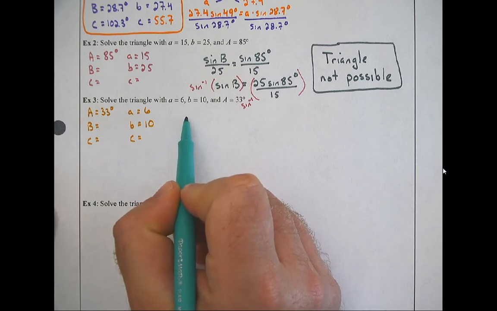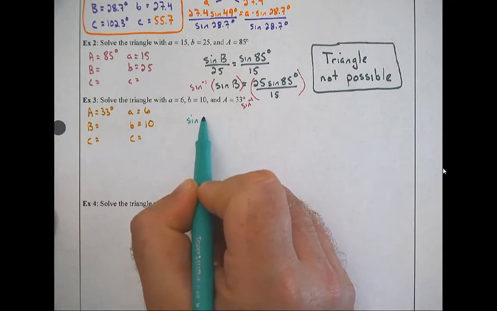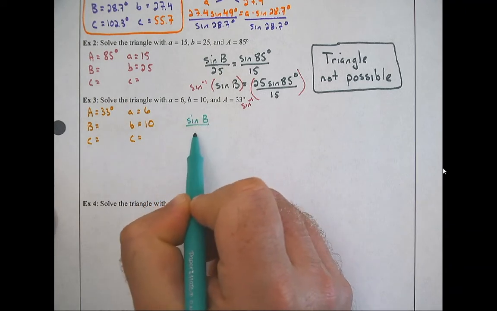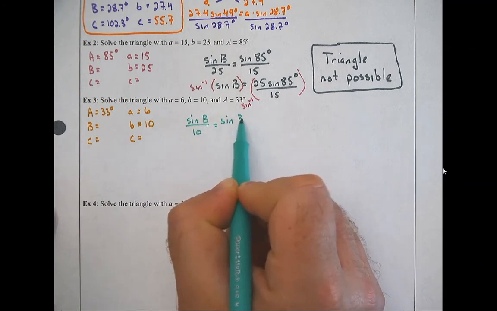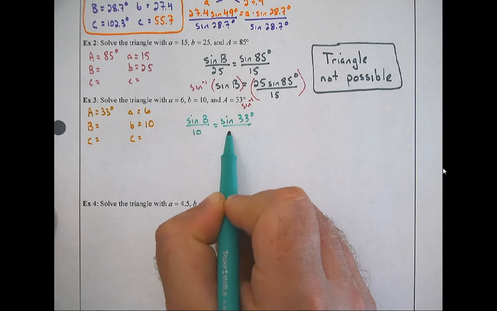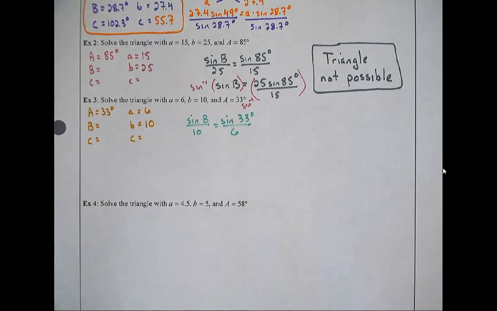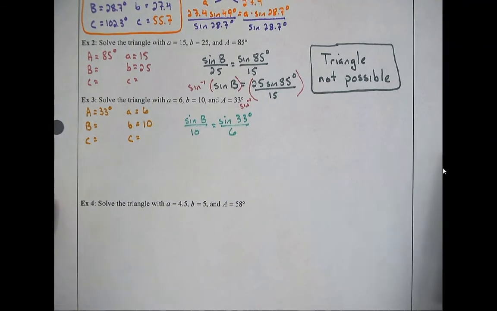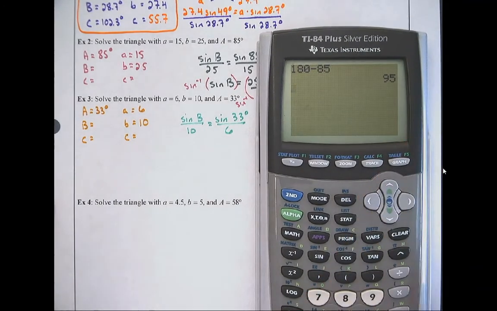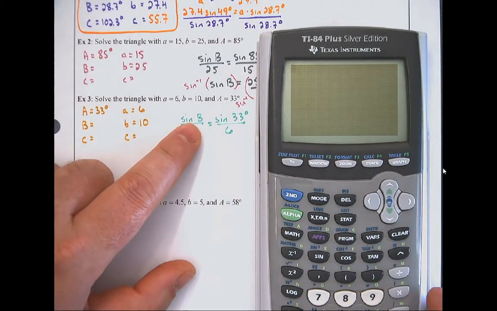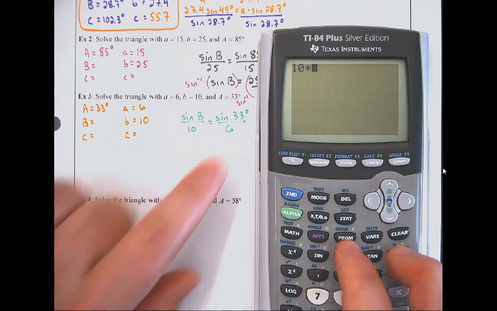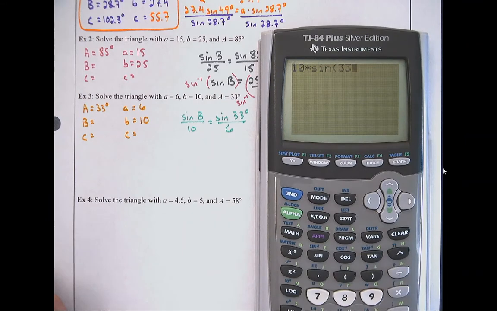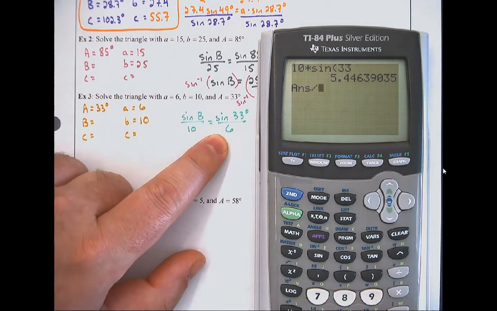So I'm going to set up a big B equation. Sine of big B over 10 is equal to sine of 33 degrees over 6. I'm not going to show my work here. I can do this in my head or on my calculator. So who's farthest away from big B is 10. So I'm going to multiply 10 times sine of 33. Then I'm going to divide that by 6.